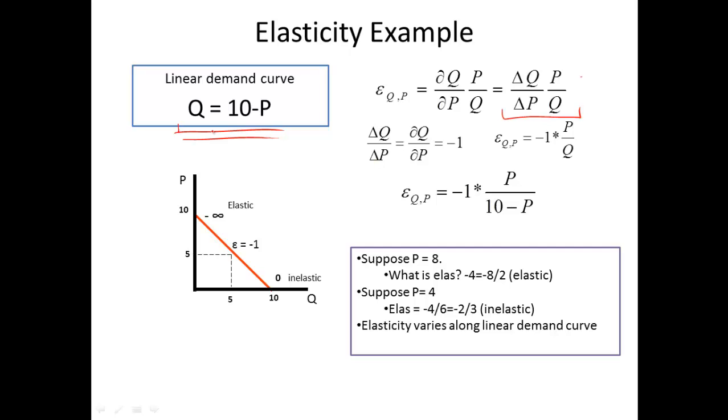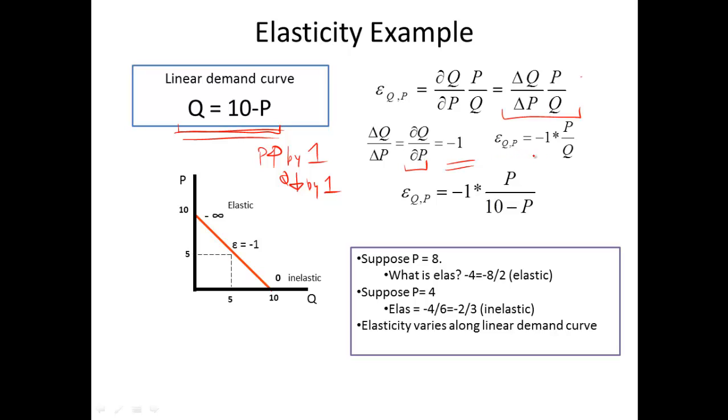We'll look back over at this demand curve. If P went up by 1, what would happen to Q? Well, Q would go down by 1. So delta Q delta P is just -1. And of course, that's also the slope of this demand curve. And if you're a calculus buff, it's the derivative.